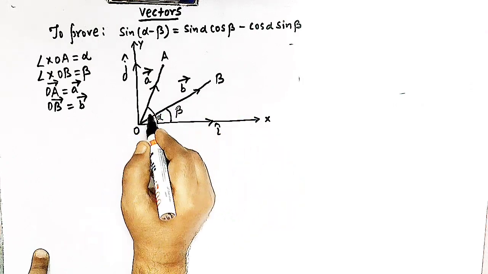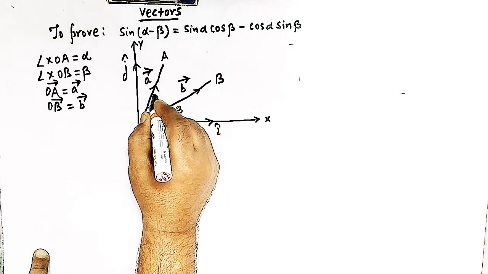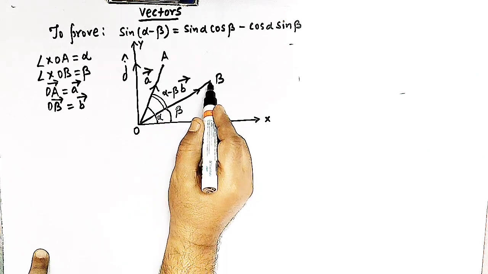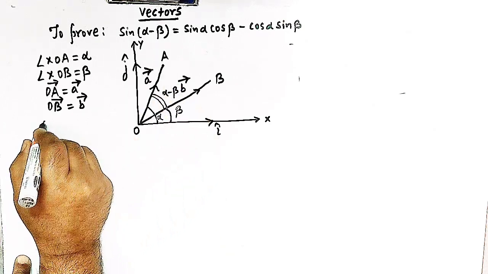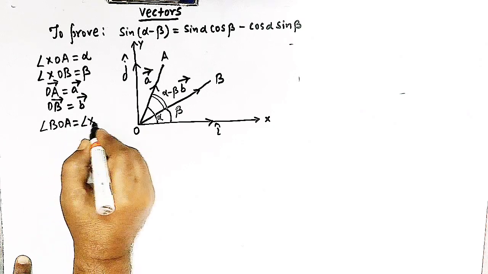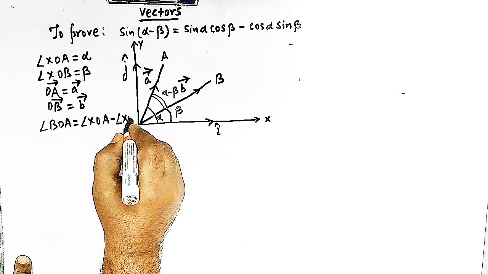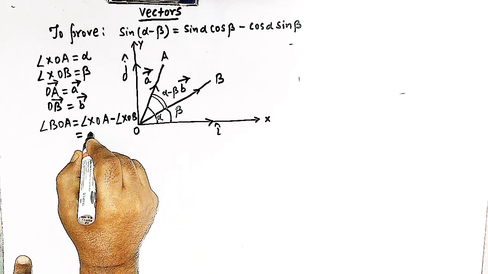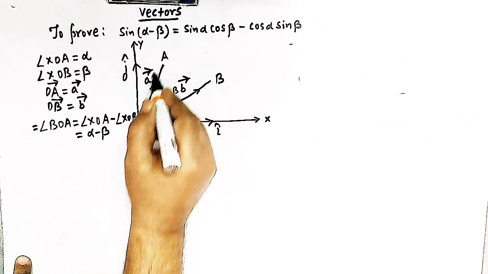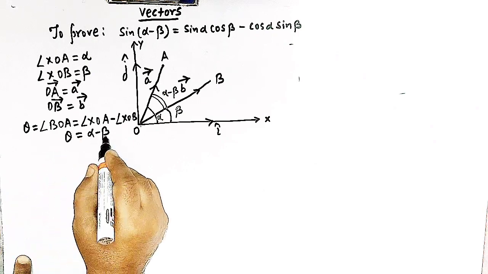So that the difference of the angles alpha and beta is given by this angle, that is alpha minus beta, that is our angle BOA. So angle BOA can be written as angle XOA minus angle XOB, that is equal to alpha minus beta. So let us take angle BOA as angle theta. So theta is alpha minus beta.